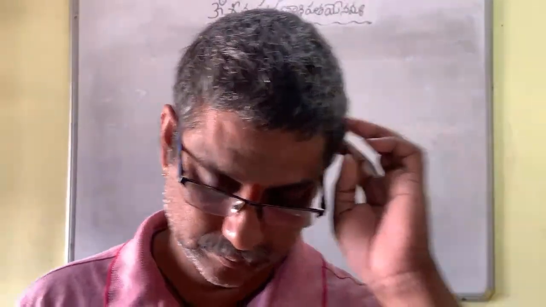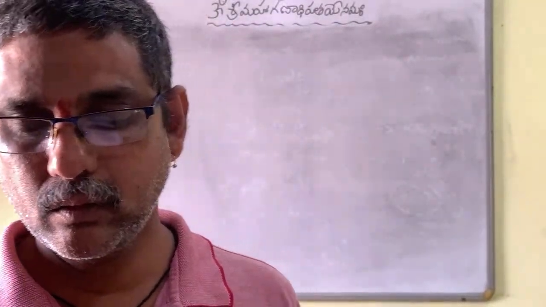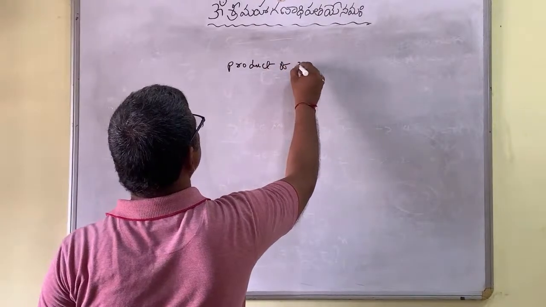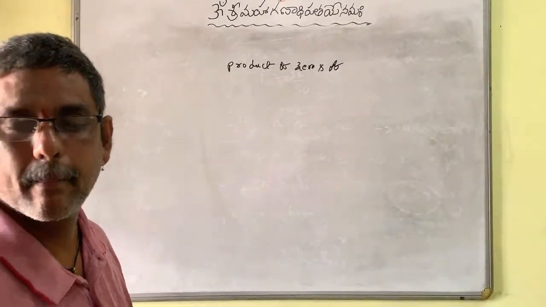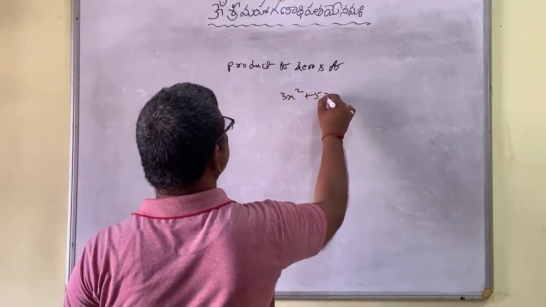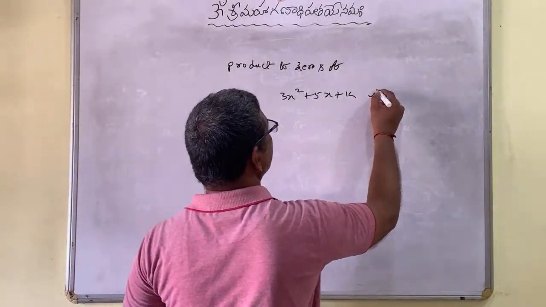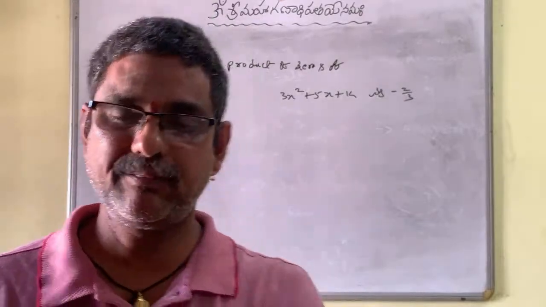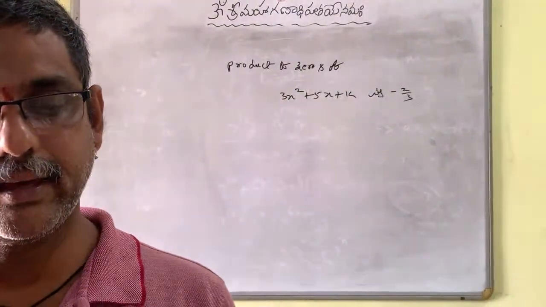Next question. Product of zeros of 3x square plus 5x plus k is minus 2 by 3. Find the value of k.